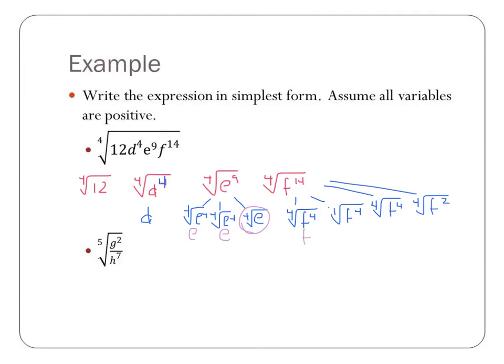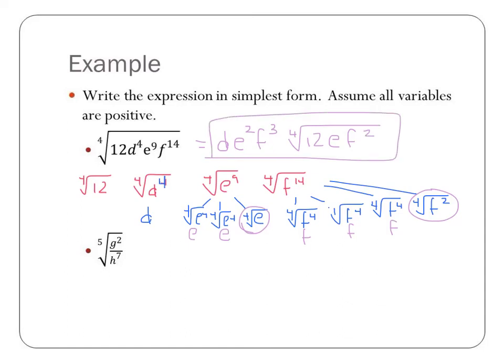So there's an f, there's an f, there's an f, and then I still have this 4th root. So the d came out, or I mean it's no longer under the 4th root. We had 2 e's, we had 3 f's, and then you get your 4th root of 12e f squared. So I would look at everything individually.